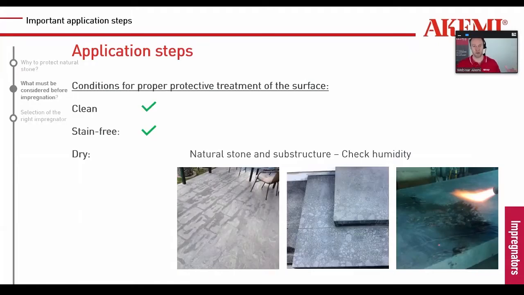You put some stones on it so that it does not get blown away by the wind, and then you leave it overnight. On the next day, if you see any water, any condensation water, any dark spots on the stone under the plastic, you know the stone is still too wet for treatment. So here you should wait more.